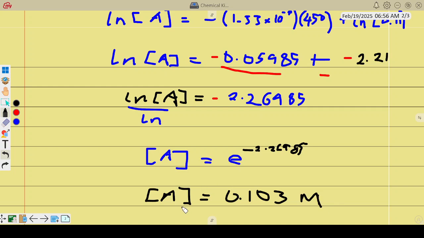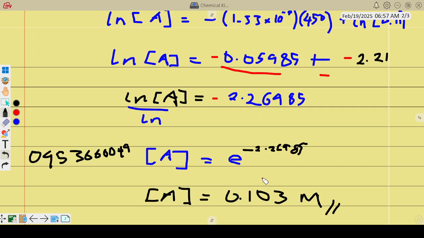This is the concentration of A when the time was 450 seconds. If you don't know how to punch this, it's normal not to know. You just let me know how that happened there, and I'll be able to attend to you. So inbox me on this line on WhatsApp.